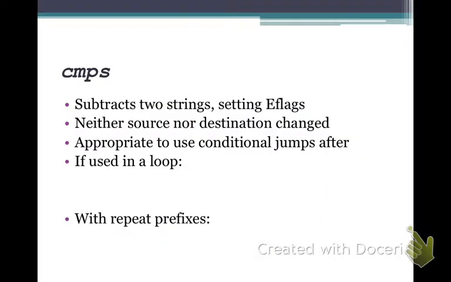Compare string. With compare string, we do something very similar to the compare instruction. We're subtracting two strings, and that subtraction will set the flags. So it makes sense that we would use these in conjunction with one of the conditional jumps. As with the normal compare, neither source nor destination is changed. It is appropriate to use conditional jumps after a loop.